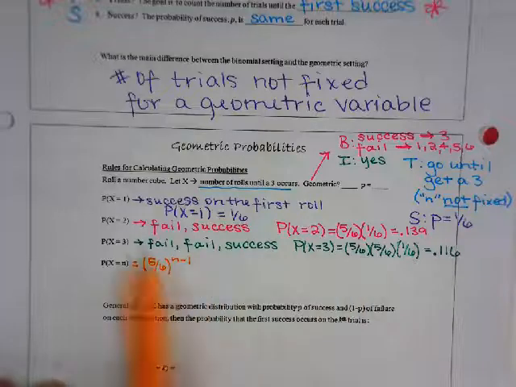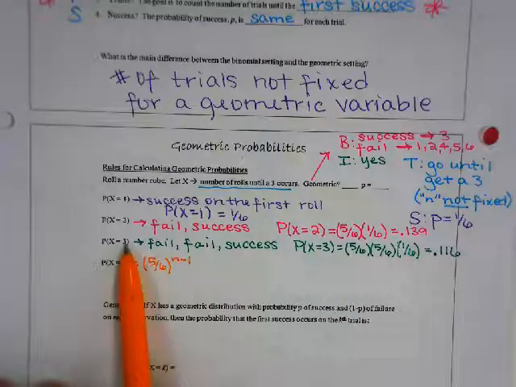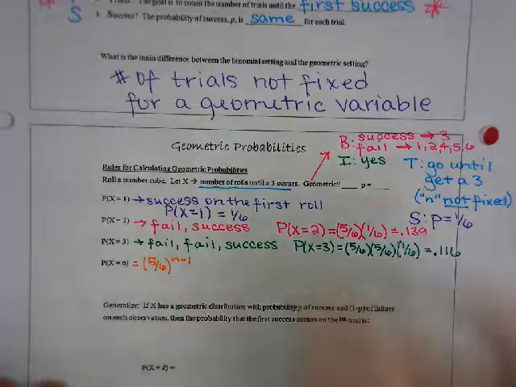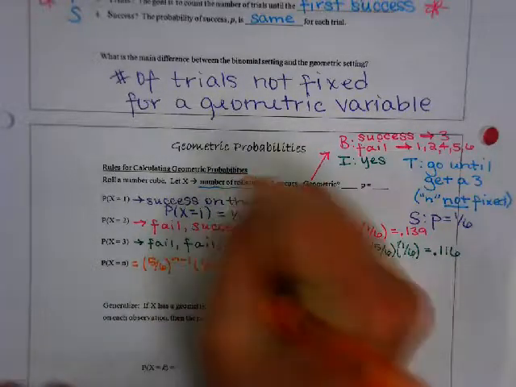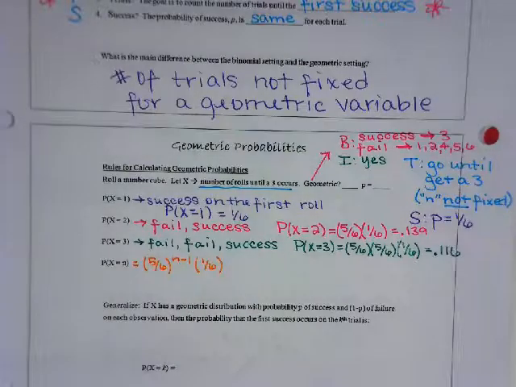And then I'm going to multiply by the probability of success. Now I'm going until I get the first success, so I don't raise that to any exponent. Right here, n minus 1.